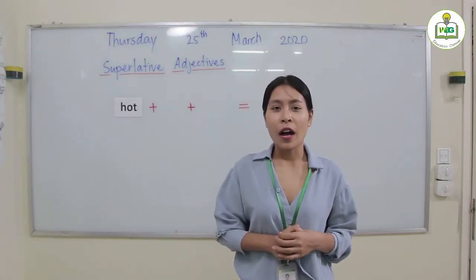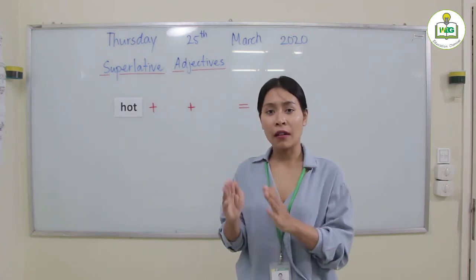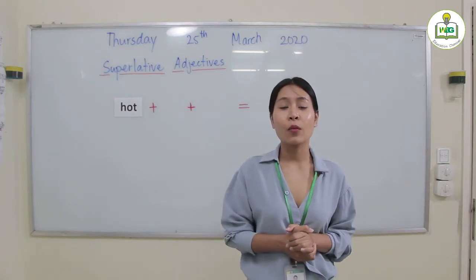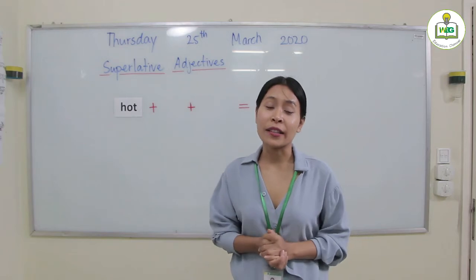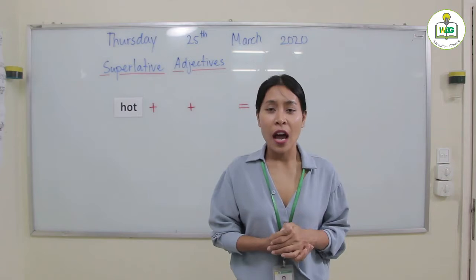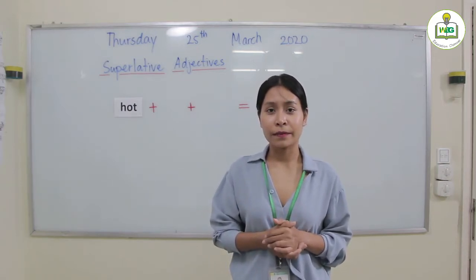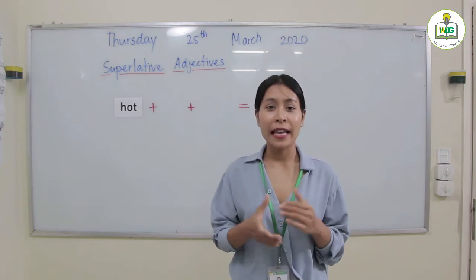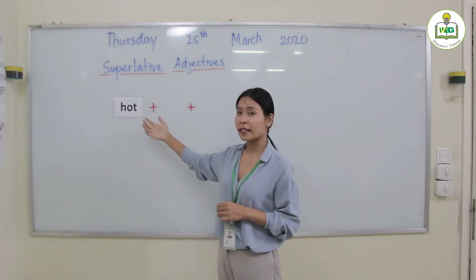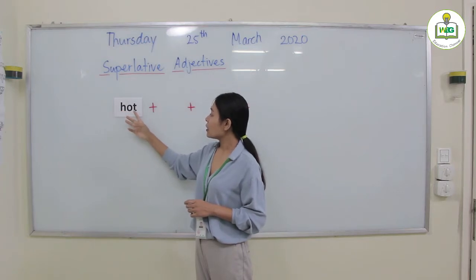Alright, so for adjectives that end in consonant, vowel, consonant, what do we do? The same thing as comparative adjectives. We double the last consonant of the word. Now, think of an adjective that ends with consonant, vowel, consonant. For example, the word thin, right? And here we have the word hot. So, consonant, vowel, consonant.